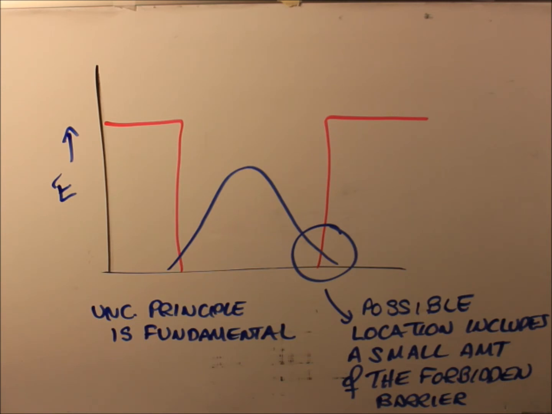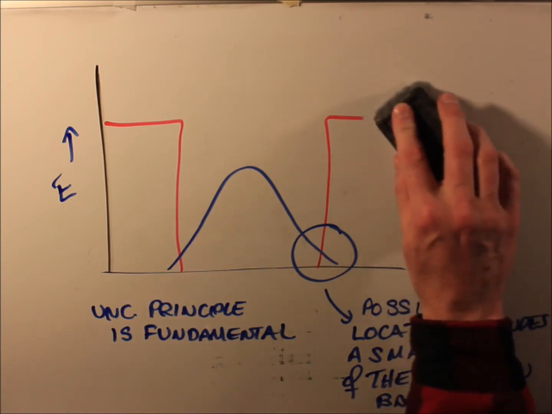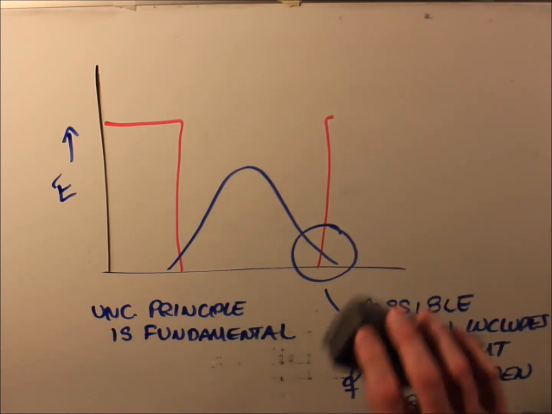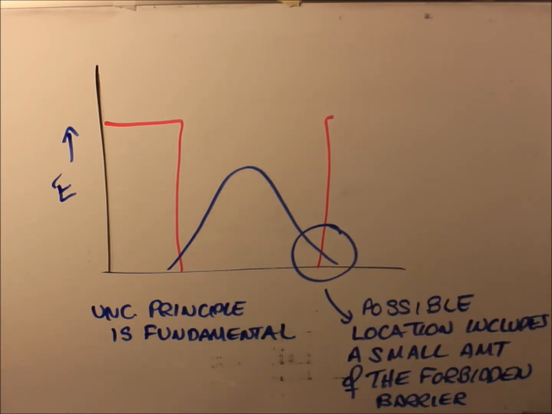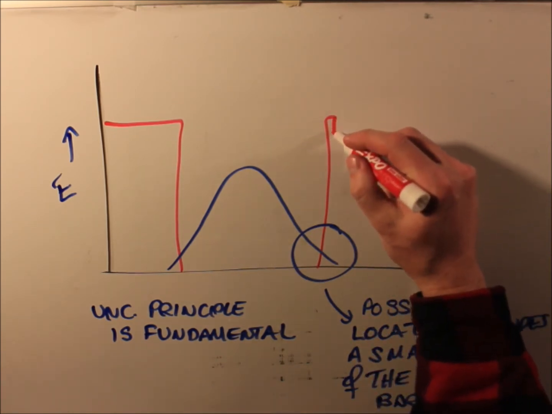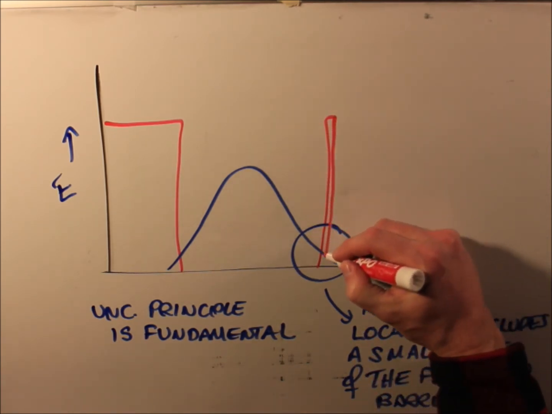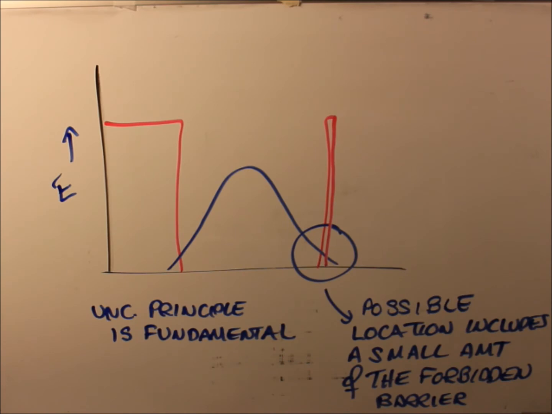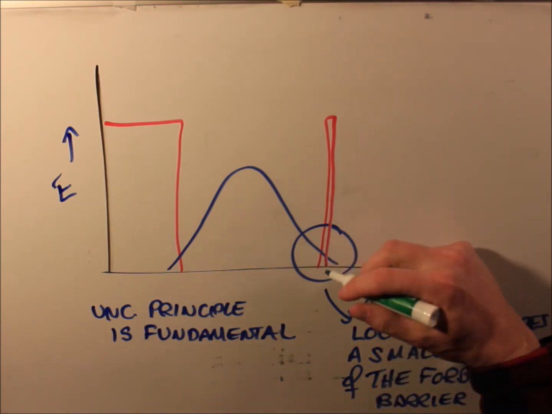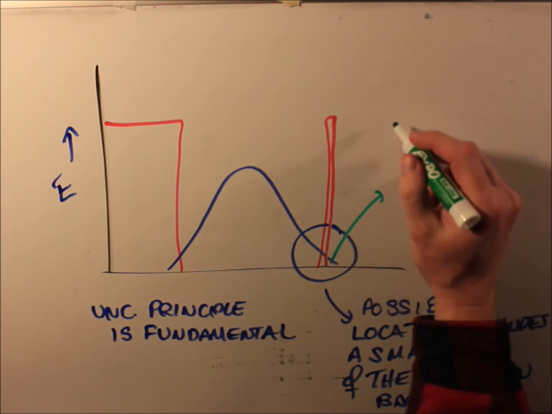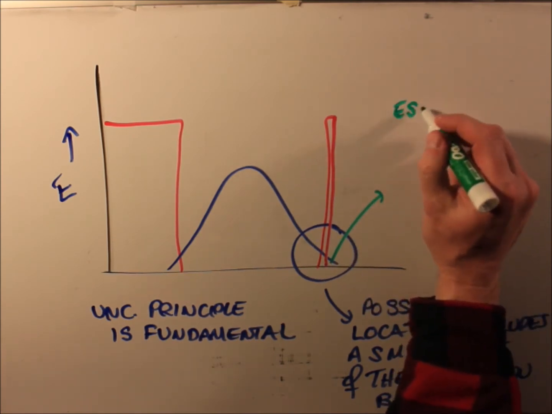Well, before we do that, let's just make one more adjustment here. Suppose this barrier, however strong, is very narrow. Okay, so we have a very high potential barrier, but it's not very wide. Now we can see that the particle can escape. The escape is possible.